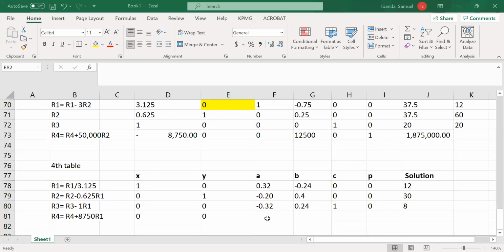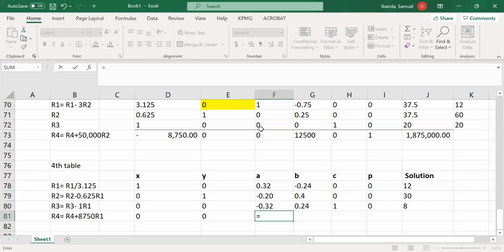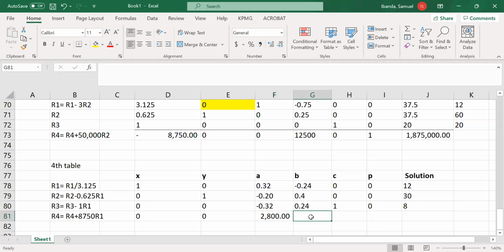So let's look at this, and so this is R4, which is 0 plus 8750. This has to be multiplied with your R1, which is this 0.32. So it gives you 2,800. That is what you're getting. Let's look at this.